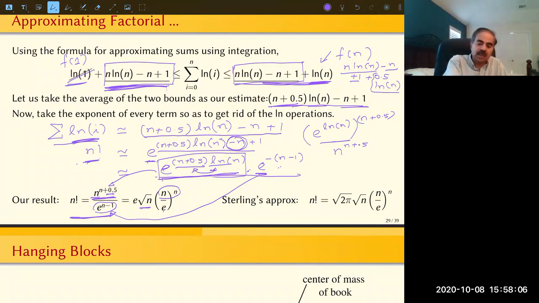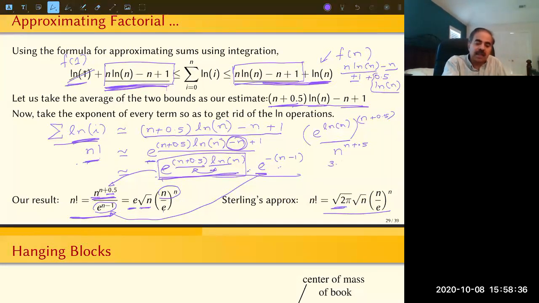I did that because I want you to be able to compare it with Stirling's approximation, which is written in this form, and you can see that everything matches up except that you have an e here, and there is a square root 2 pi over there. So we are a little bit off, which is to be expected because Stirling's approximation is based on a more accurate approximation than what we have. But it's instructive to think about what the difference is.